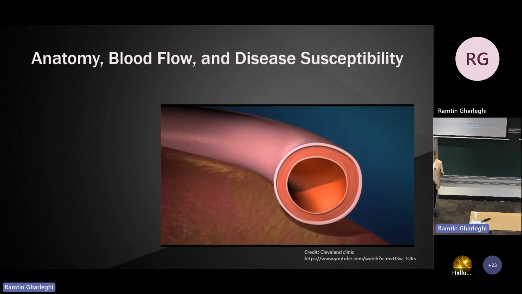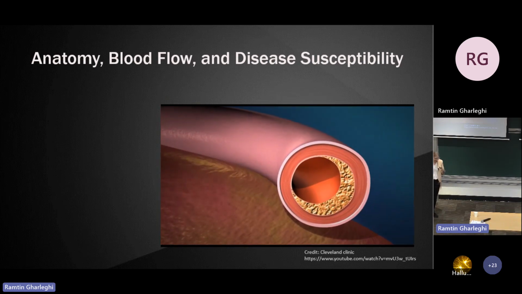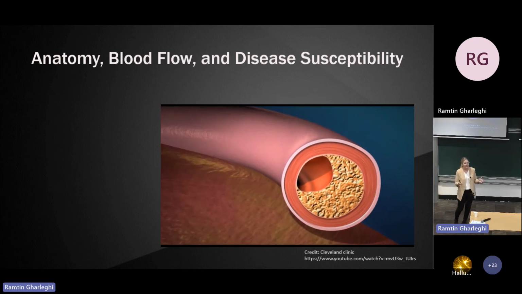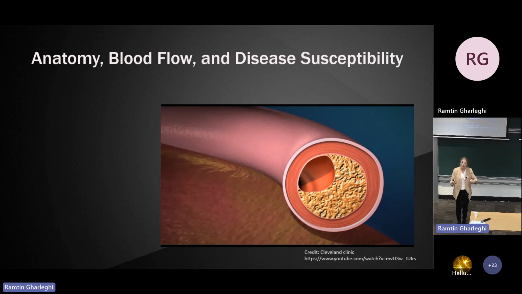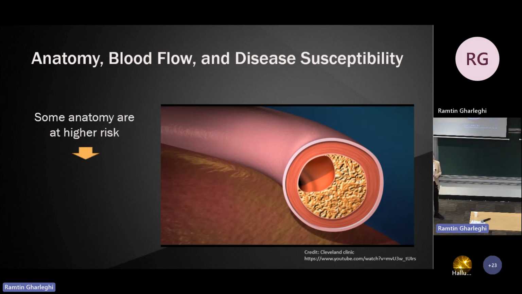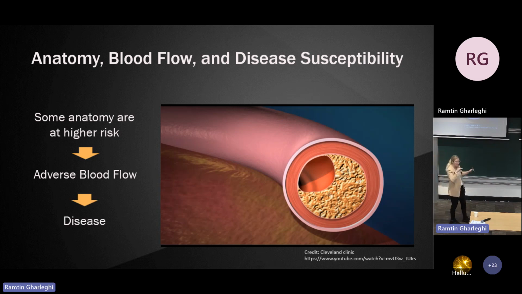Our heart pumps blood flow around, and with certain lifestyle choices, people may be more susceptible to disease than others. However, even if people have the same bad lifestyle choices, some people are still more at risk than others. And that's where the anatomy of risk comes into place, whereby the hypothesis is that certain anatomical shapes of the coronary, say with a strong bend, generate adverse blood flow regions, which injure the inner vessel wall lining and allow plaque to more easily accumulate.